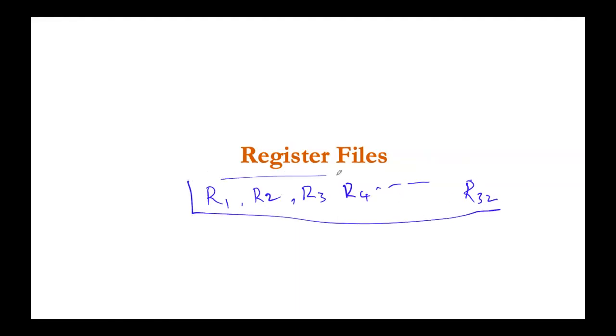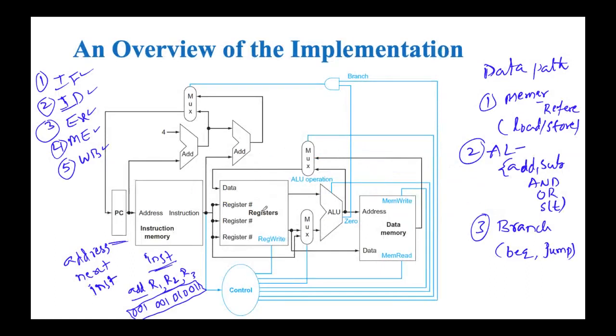The register file consists of registers represented as R1, R2, R3, R4, and so on. If it is using 16 bits, then up to R16 will be there. If it is using 32 bits, then it will use general purpose registers up to R32. So this entire one is called the register file. That is another component for implementing the data path.